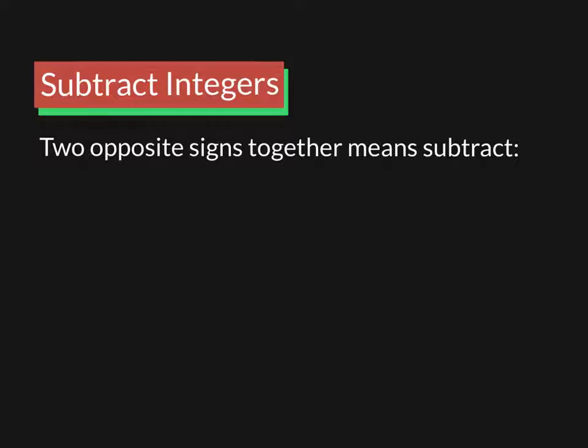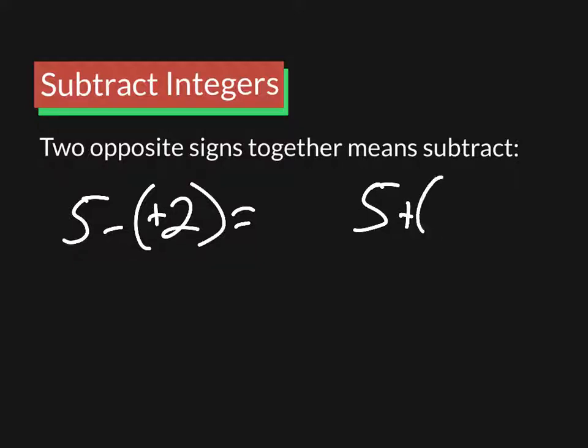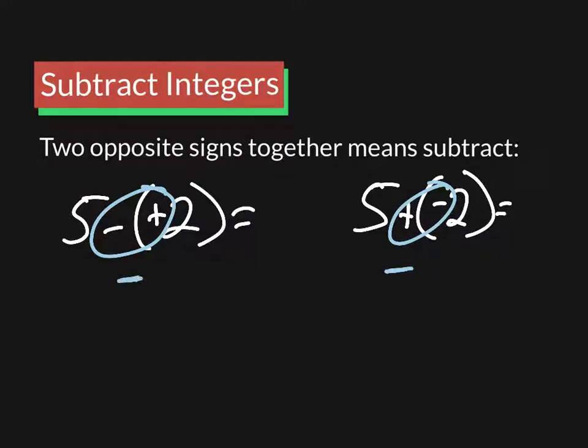So for example, if you had 5 minus positive 2, or for that matter, if you had 5 plus negative 2, when you have two opposite signs together, like minus plus or plus minus, they both mean minus or subtract. So we can just take those out and replace them. 5 minus 2. And this one would also be 5 minus 2.